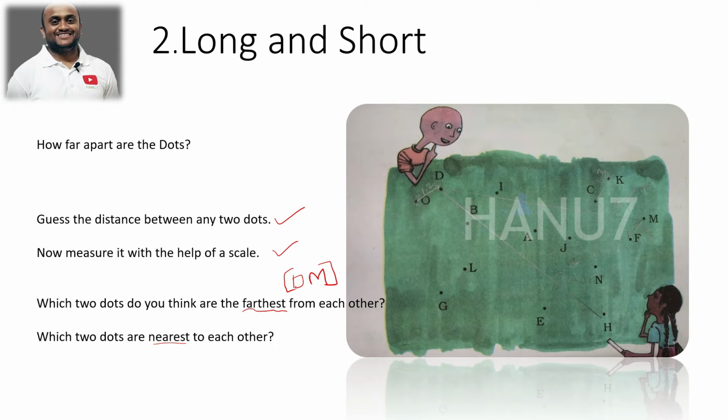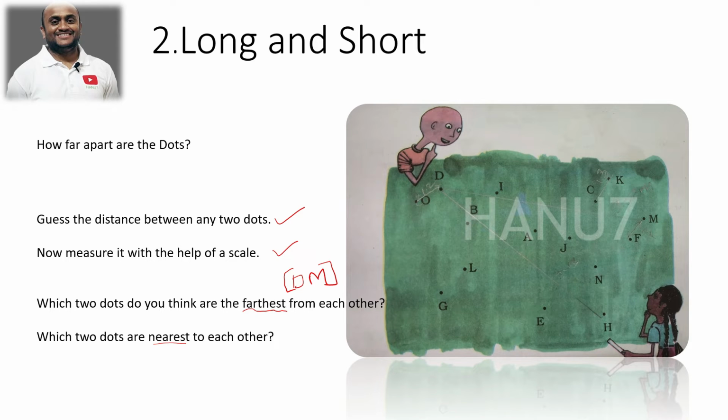I guessed the distance could be around 10 centimeters, so I am almost near my guess. So the farthest distance between the dots is D and M, the farthest among all the dots.